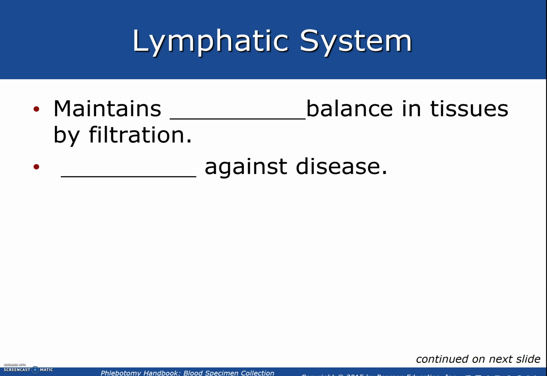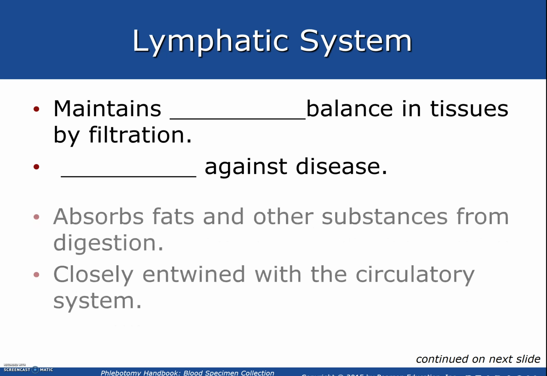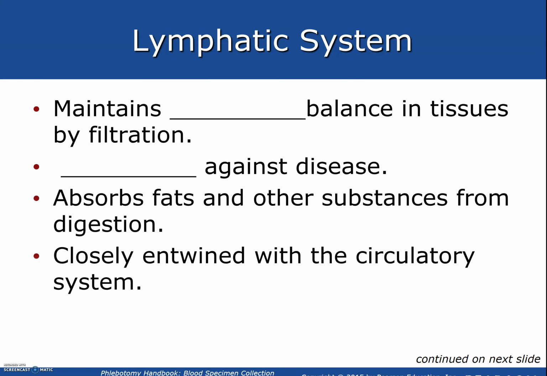It fights against disease. It absorbs fats and other substances from digestion. The other thing, it's closely intertwined with the circulatory system, so we need to be aware of this when we're drawing blood because we could run across situations, especially when patients have swelling. We need to be aware of what the lymphatic system can and can't do for a patient.